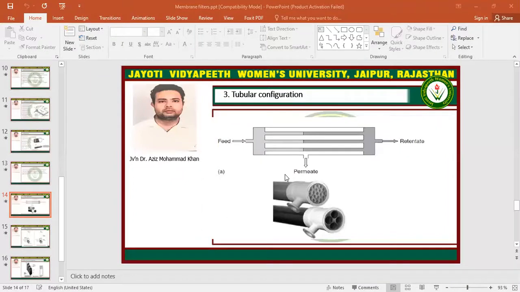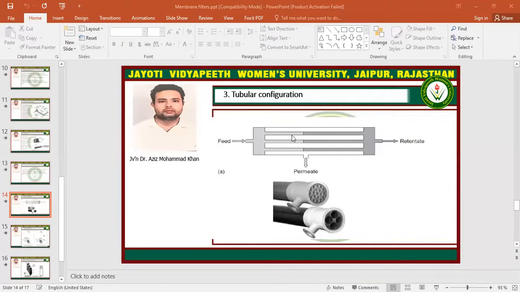The next is the tubular configuration, and the last one is the plate and frame configuration. I must share the screen here so that you can understand the tubular configuration. This is the tubular configuration.